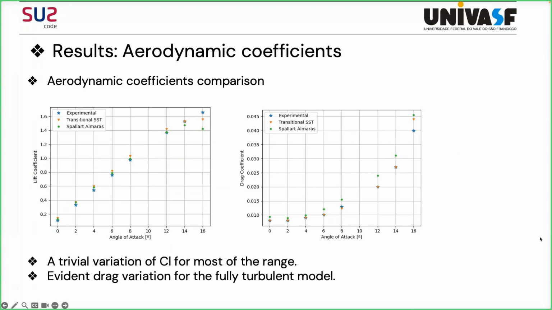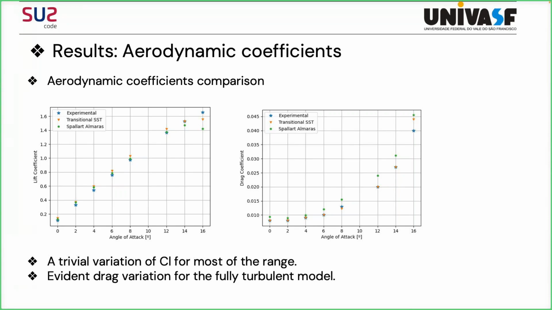The impact on the lift coefficient relative to experimental values is small over most of the angle of attack range, but it changed considerably near the stall region, where Spalart-Allmaras fails first, increasing the difference from the experiment, while the transitional SST has less divergence in this region. For the drag coefficient, the difference between the curve slopes of both models is evident.